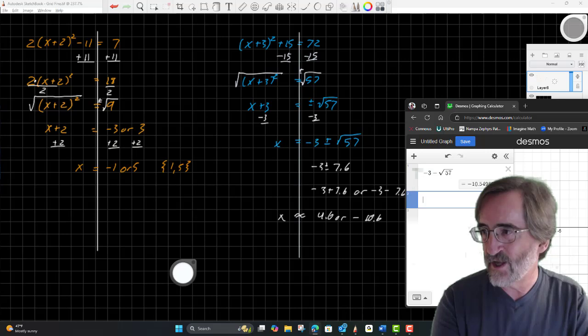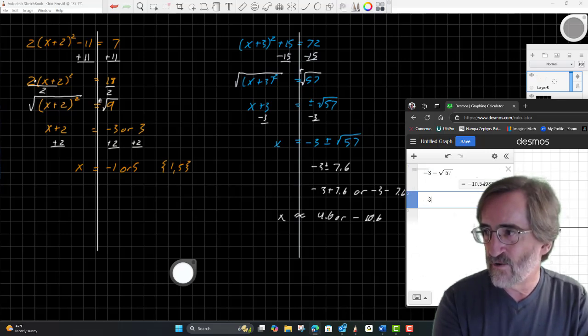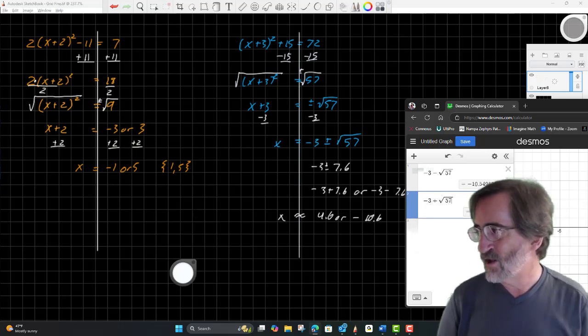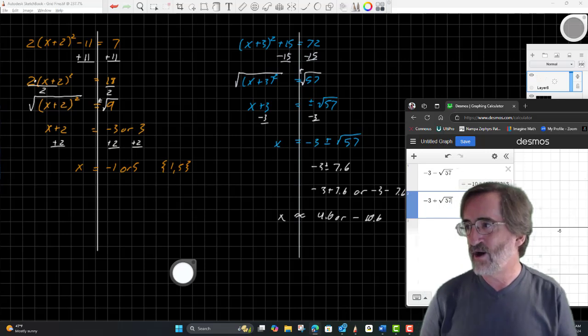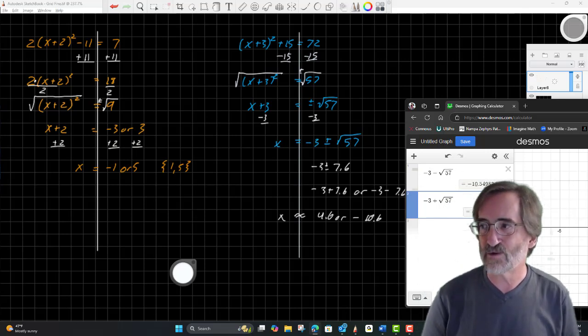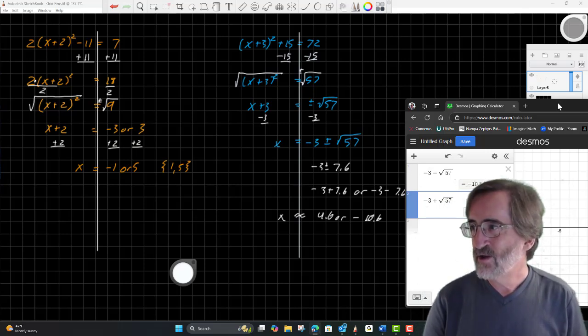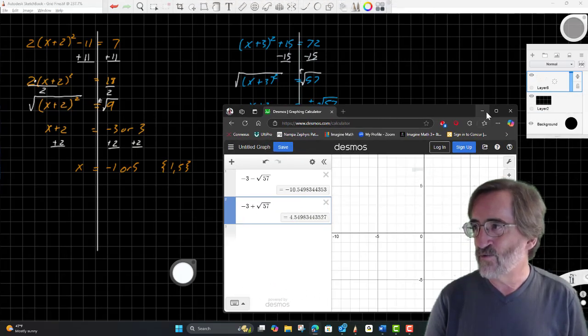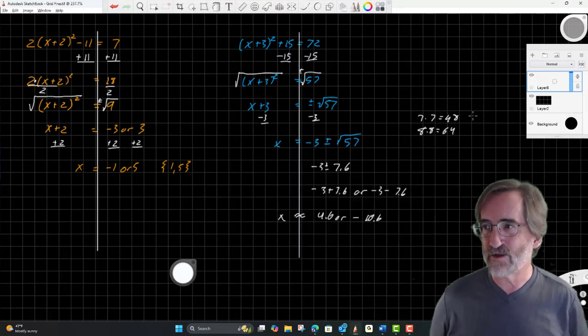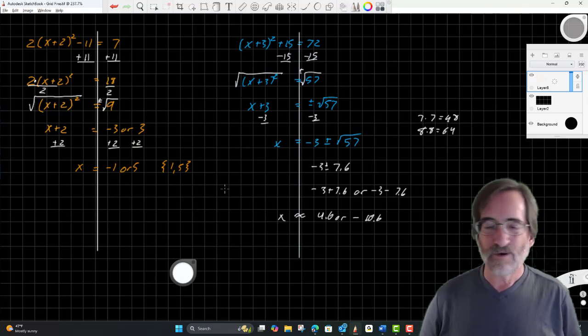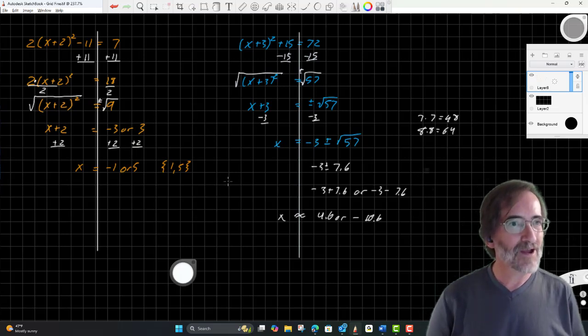That was because I estimated in my head. It was off by a tenth. Negative 3 plus square root 57 gives positive 4.5. Yeah, 4.5 is closer than 4.6. Okay, and you can round to whatever significance you need for that particular problem. All right, I think that's enough for now.